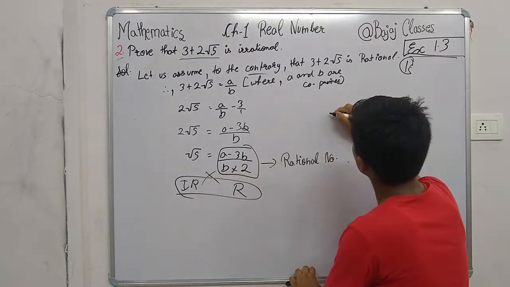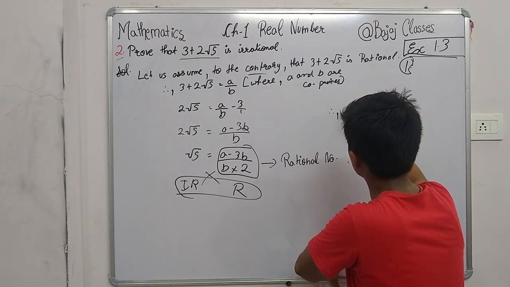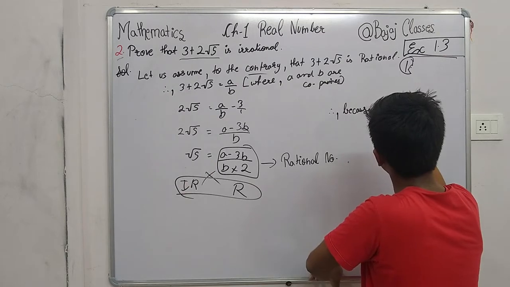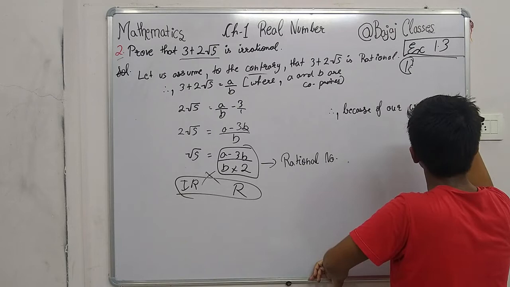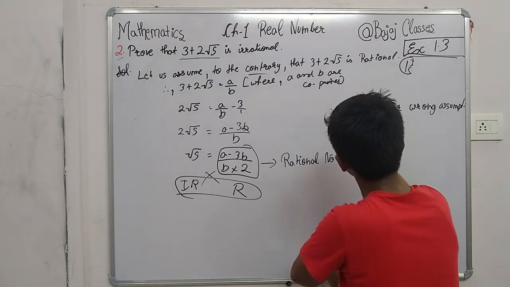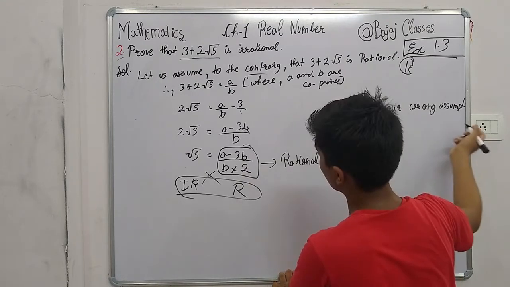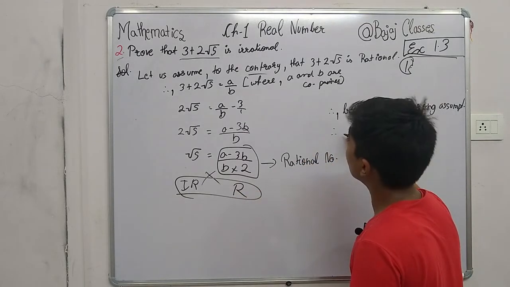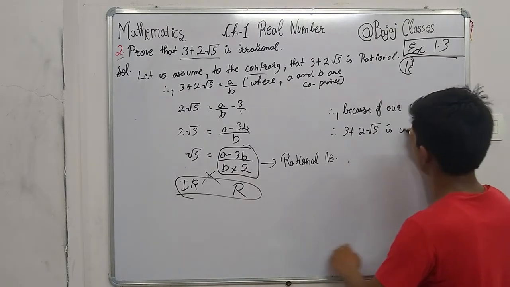Therefore, now the last important sentence: therefore, because of our wrong assumption, we have concluded this wrong contrary, and therefore 3 plus 2 under root 5 is irrational.